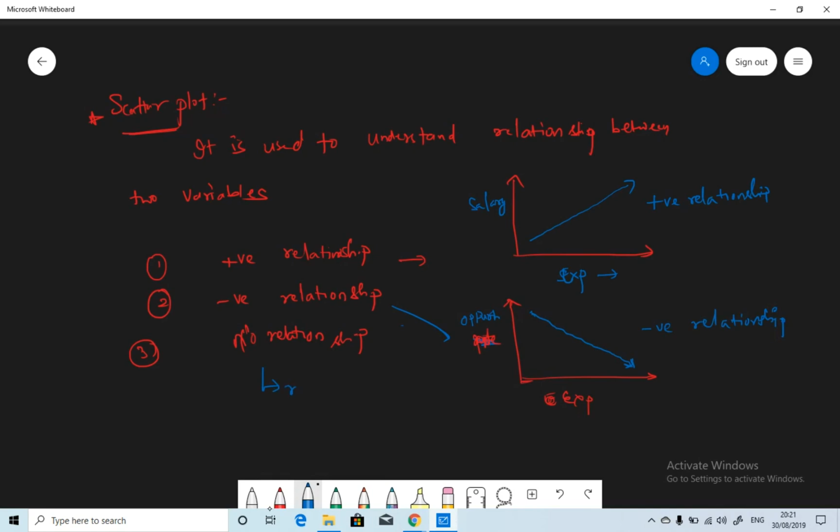There is no relationship, for example gender to death years. It doesn't matter, right? So my data points are scattered this way, so there is no relationship.